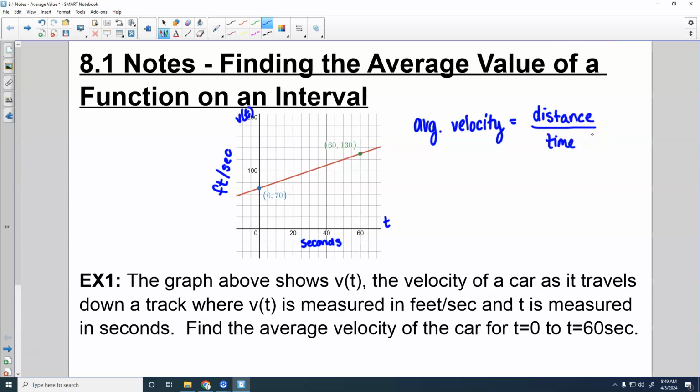Now, I don't have a graph for distance. I have a graph for velocity. How do I find distance from a graph of velocity?